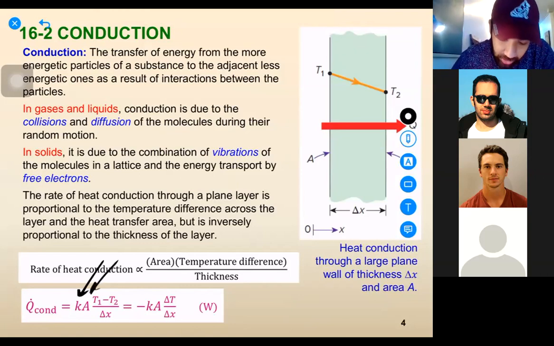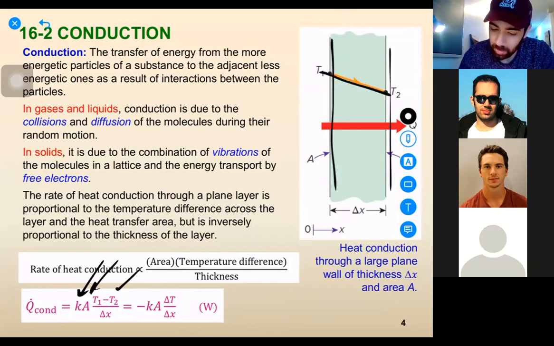A, which is the area that is effective between those 2 surfaces. The temperature difference between those 2 surfaces, as you can see here, we have a flow of heat from the left surface to the right surface, and there is a decline in the amounts of temperature.